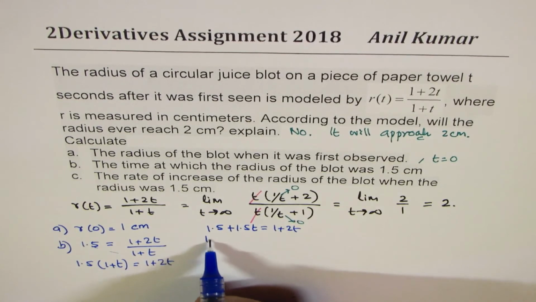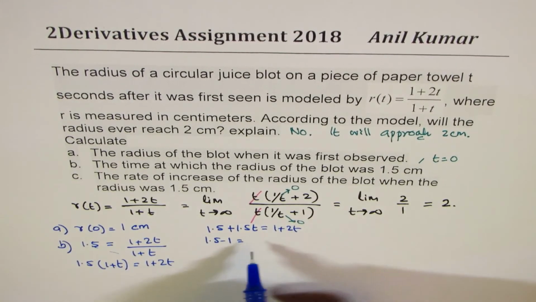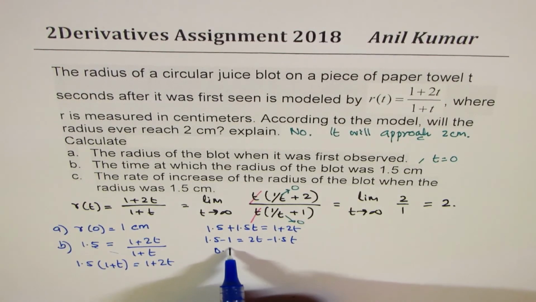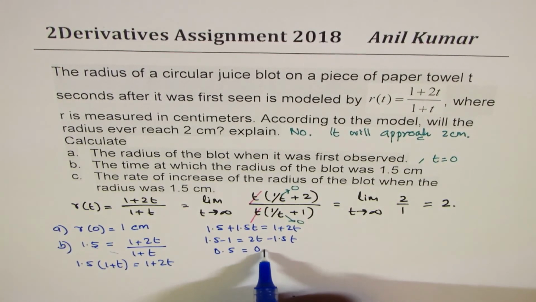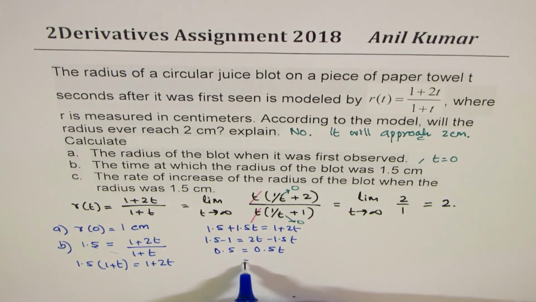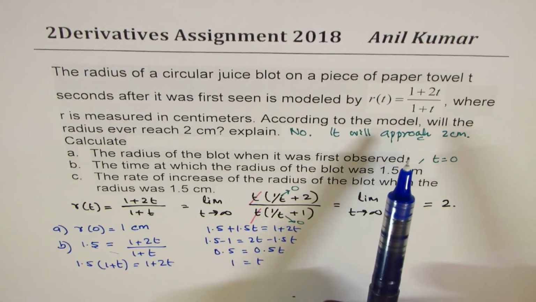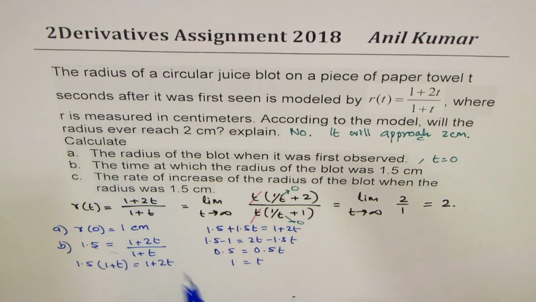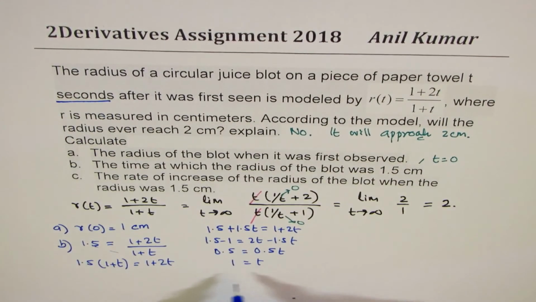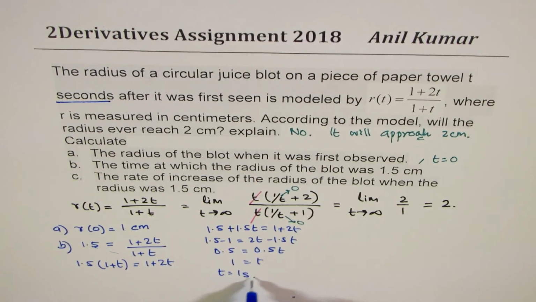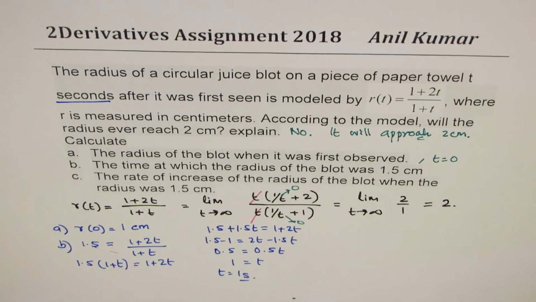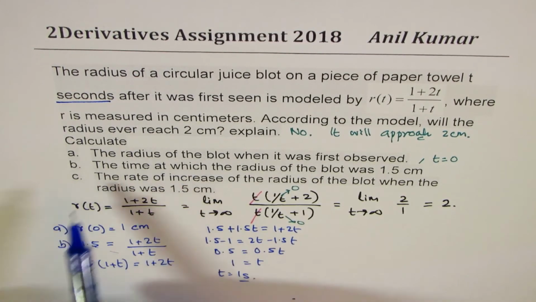Taking terms across, 1.5 minus 1 equals 2t minus 1.5t, which is 0.5 equals 0.5t. So t equals 1. The units: t is in seconds. So after t equals 1 second, the radius is going to be 1.5 centimeters. That is how you do part B.